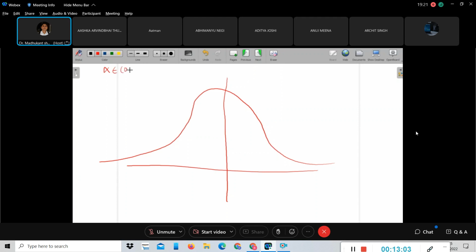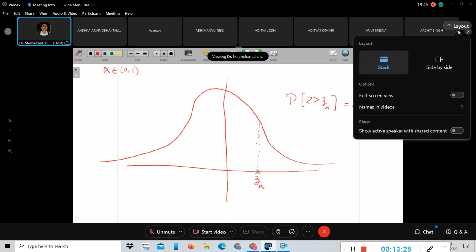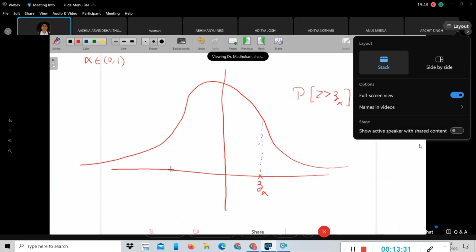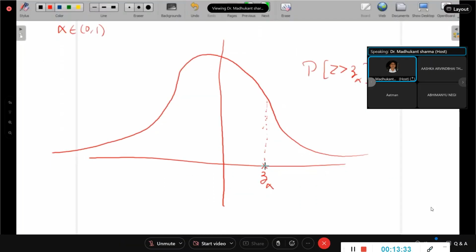Alpha is any number from 0 to 1, and you are able to identify a Z alpha, such that the probability of Z greater than Z alpha is equal to alpha. So you identify a point on the real axis such that the area covered afterwards is alpha.